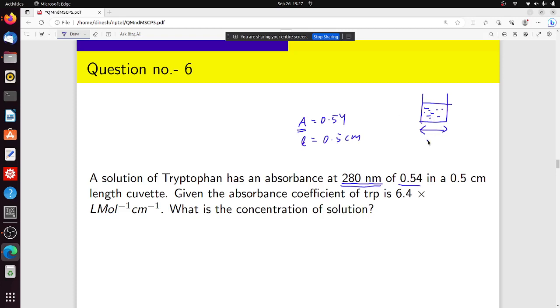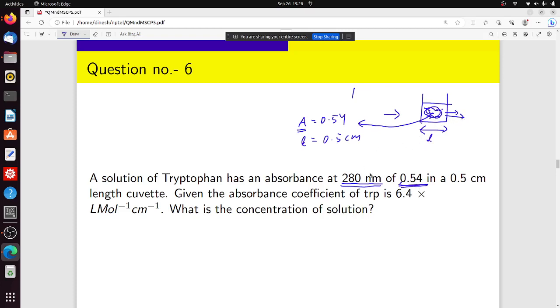In this, let's say a beaker, it has a length L, and one light source is applied on it. Then what will happen? Some of the light applied on this system will be absorbed by the solution, and some will be transmitted. So the absorbance of this system, that means if you apply 1 unit of light, then 0.54 unit of light will be absorbed and the rest will be transmitted.